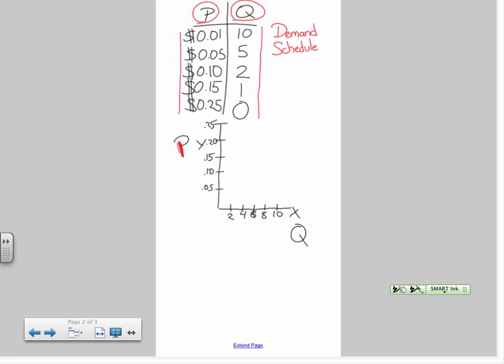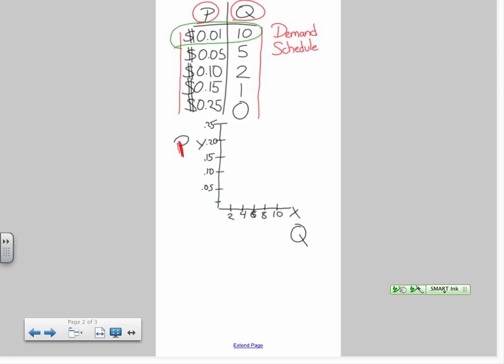And now we plot our points. If you're familiar with this from math class, good for you. If not, you might want to watch this a few times so that you understand how to plot points. So the first thing we do is we go up here and we plot this first set of points or coordinates. All right, so our price is at 0.01. 0.01 is right about here.